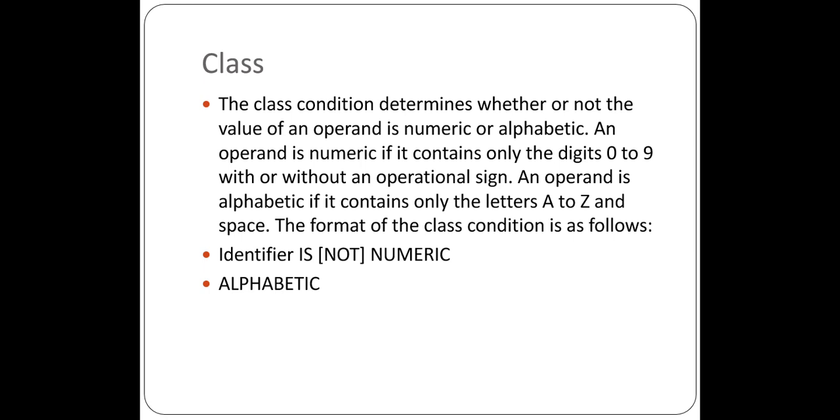In the sign condition we check whether the operand is a positive value or negative value or equivalent to 0. And in the class condition we check whether the operand is a numeric operand or alphabetic operand. So these are the three forms of conditions that we have discussed.